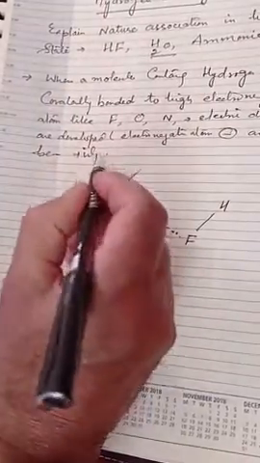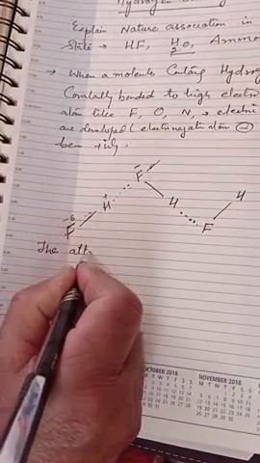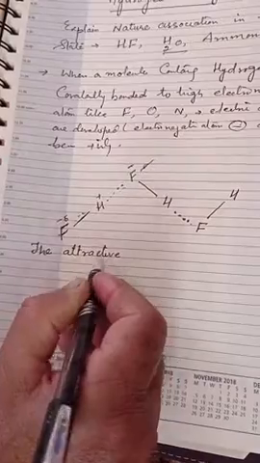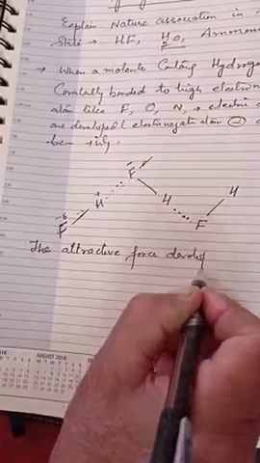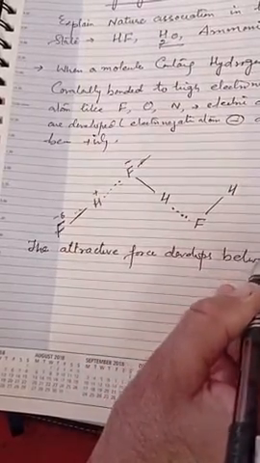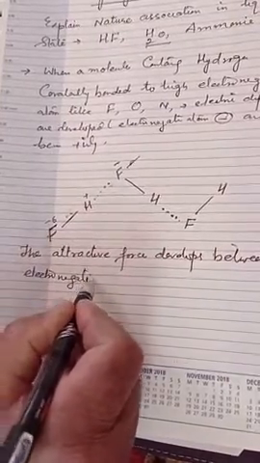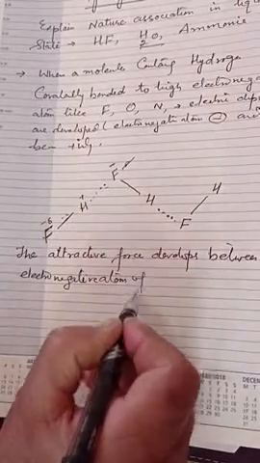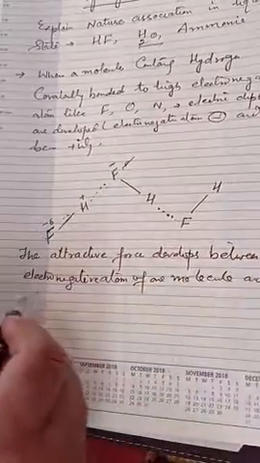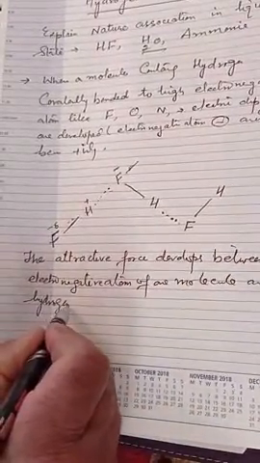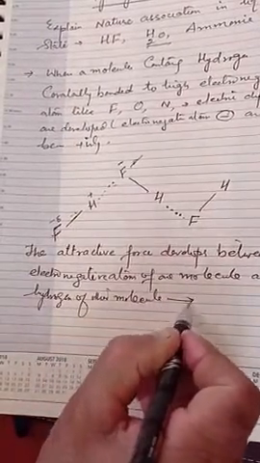Now this is the attractive force. The force of attraction which develops between the electronegative atom of one molecule and the hydrogen of another molecule is known as hydrogen bonding.